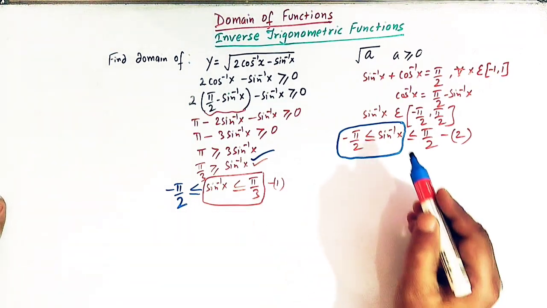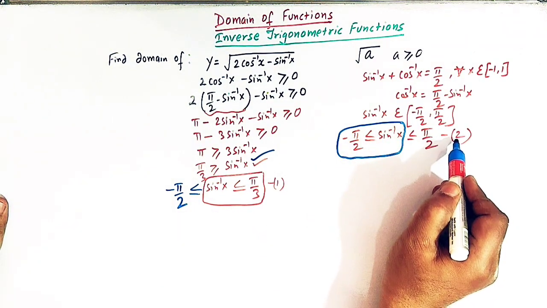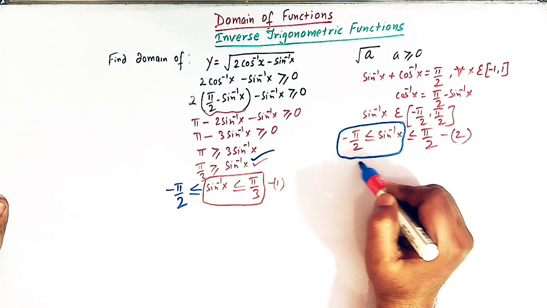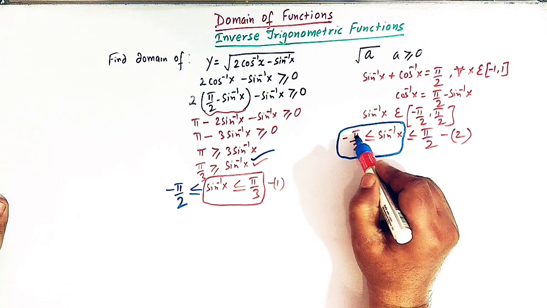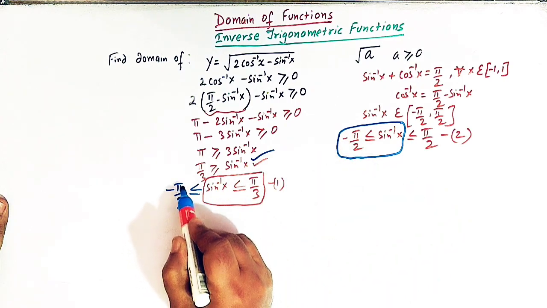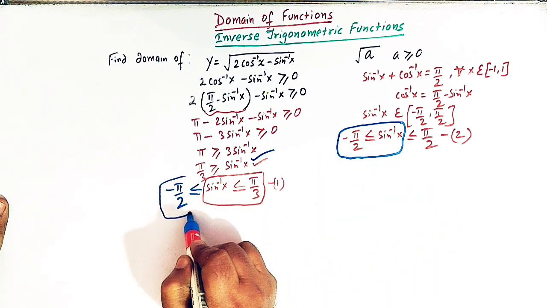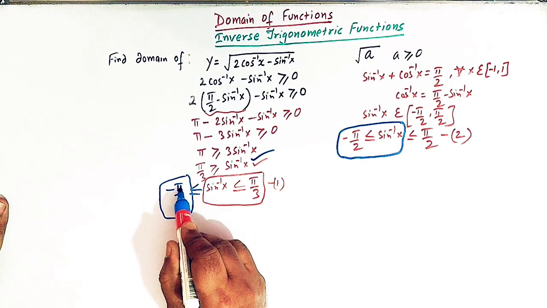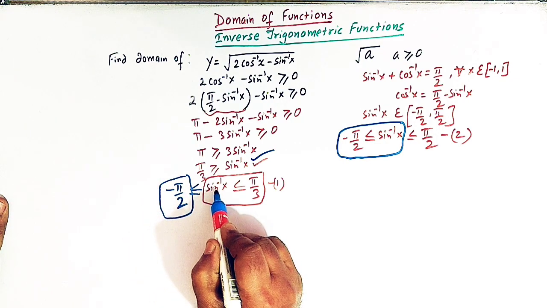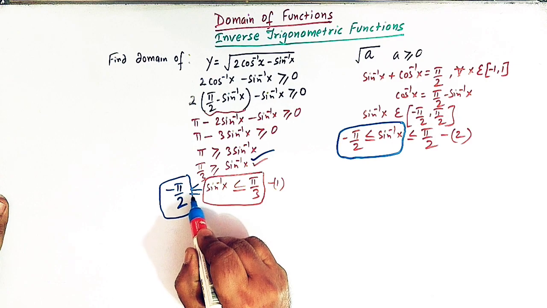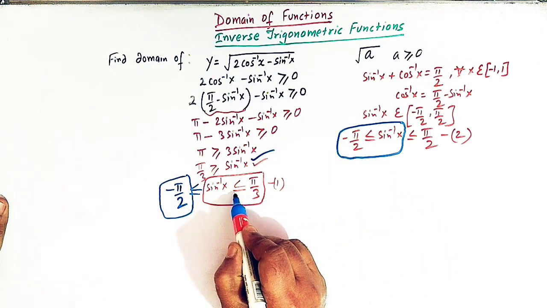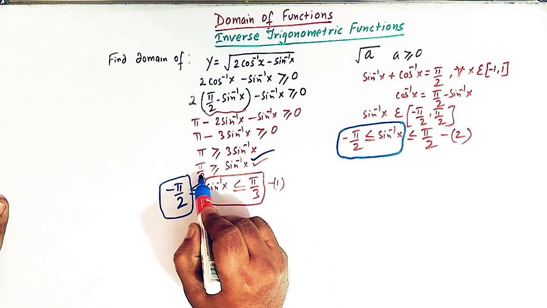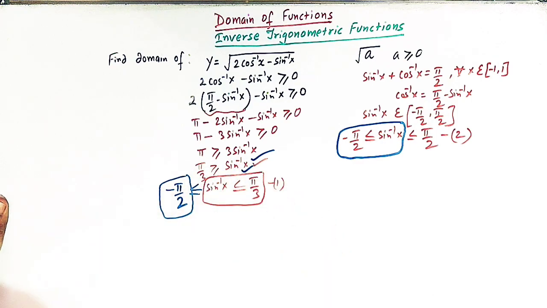What we have done is taken the part that sine inverse x is greater than or equal to minus pi by 2 and inserted it here, so that sine inverse x is greater than or equal to minus pi by 2, but less than or equal to pi by 3 due to inequality 1.